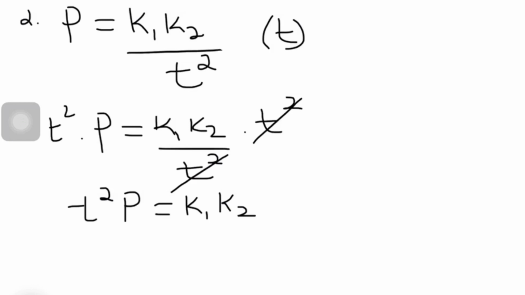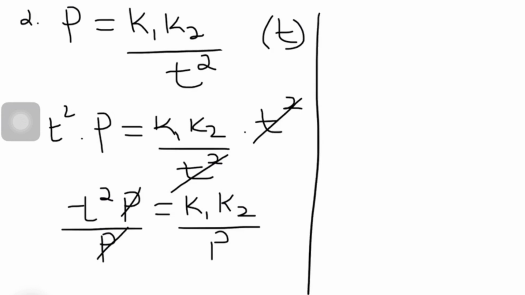So the other thing now is to ask ourselves, what are we going to do so that we remain with only the t squared? The only way we can work this out is to divide both sides by p. And dividing both sides by p, the p cancels with the other p, and we remain with t squared is equal to k1, k2 divided by p.